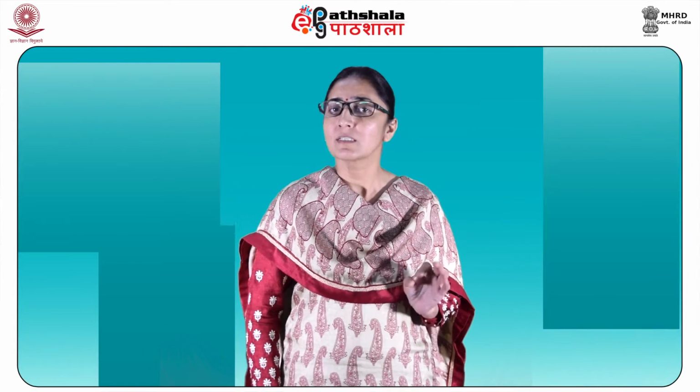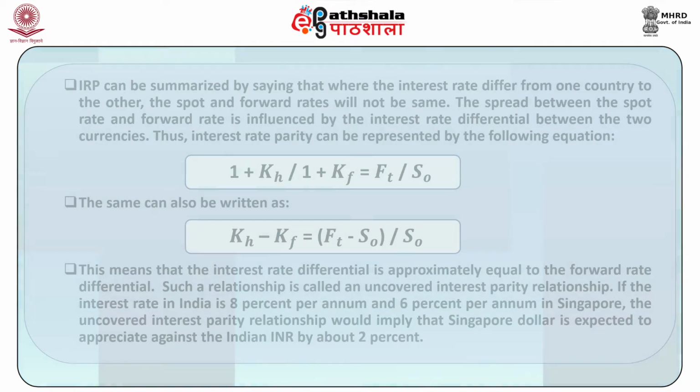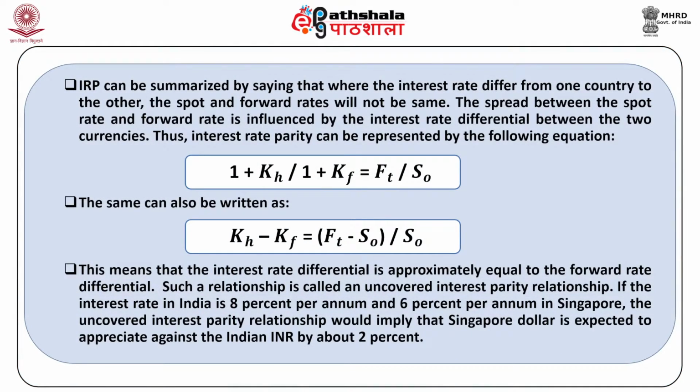In other words, the interest rate parity theory states that the difference in the interest rates, which are risk free, on the two currencies should be equal to the difference between the forward exchange rate and the spot exchange rate if there are to be no arbitrage opportunities. IRP can be summarized by saying that where the interest rates differ from one country to the other, the spot and forward rates will not be the same.